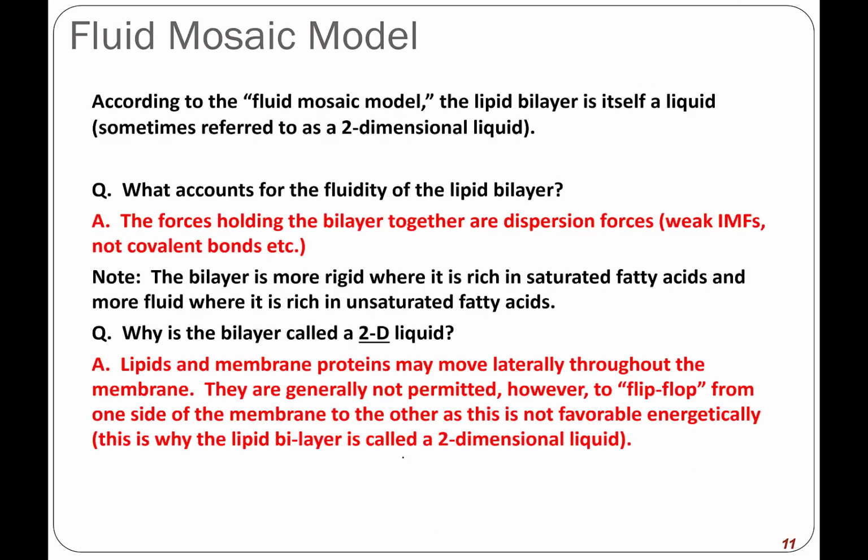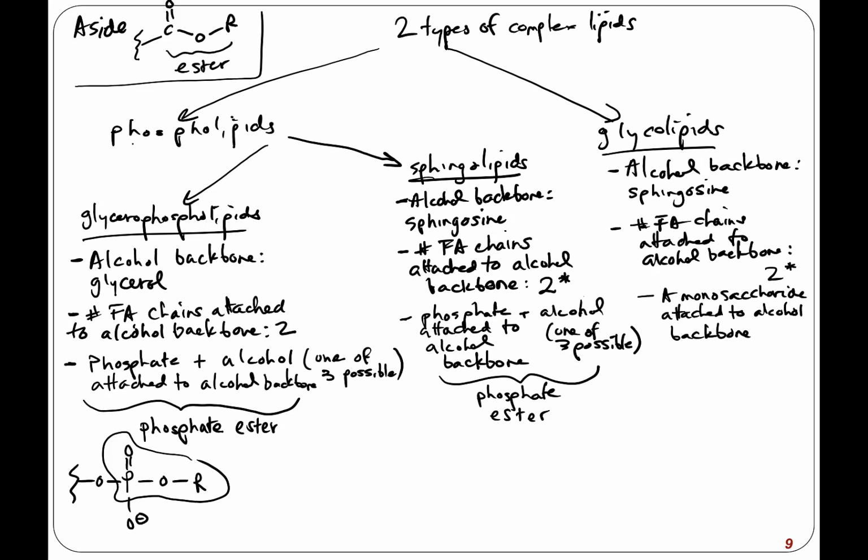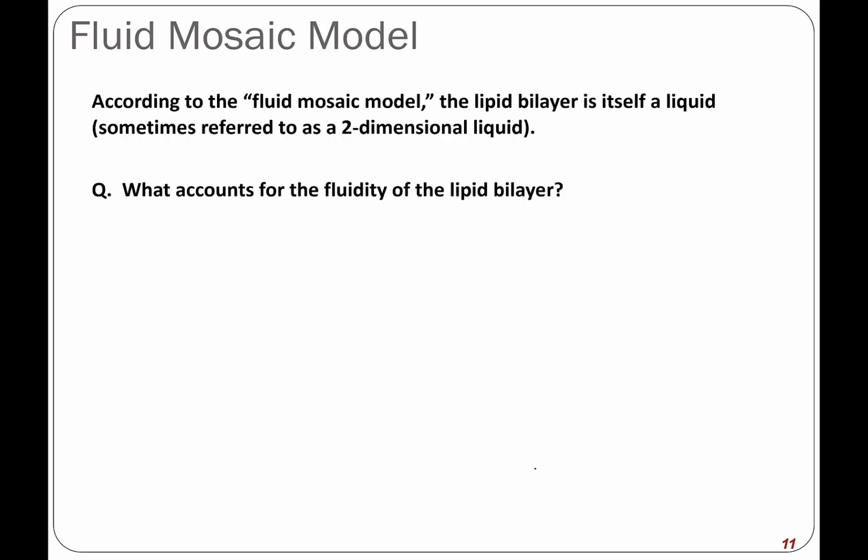I think I drew that out, right? Phospholipids and glycolipids. Yeah, okay. Phospholipids. There we go. So if we're boxing these, right? Phospholipids and glycolipids, and then there are two types of phospholipids that we'll discuss. Okay, so back to this: phospholipids, but specifically glycerophospholipids.